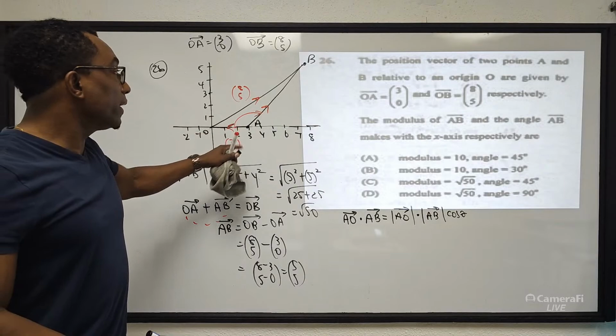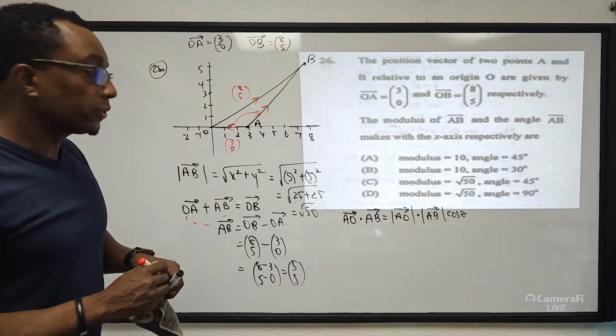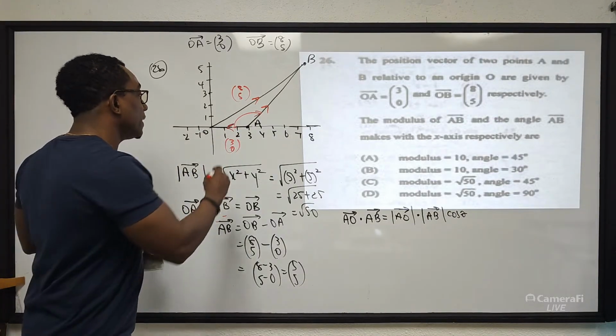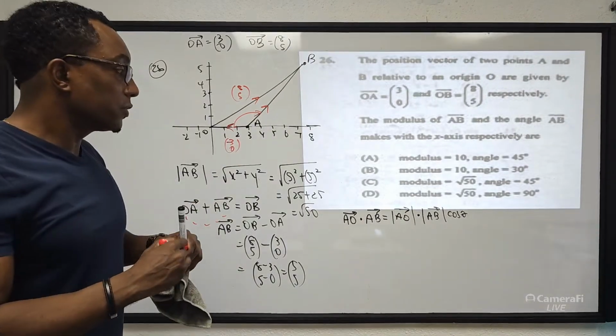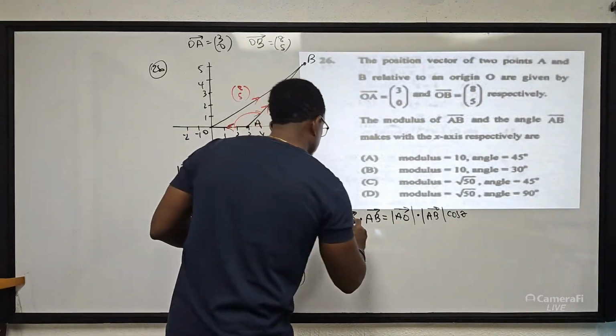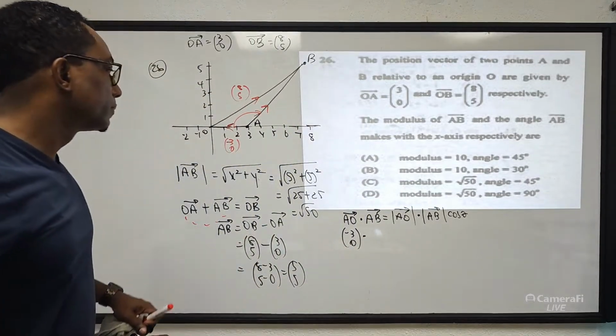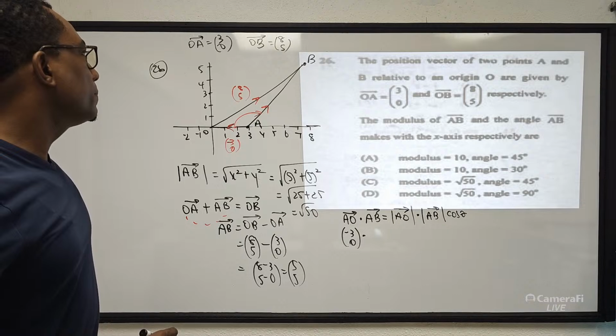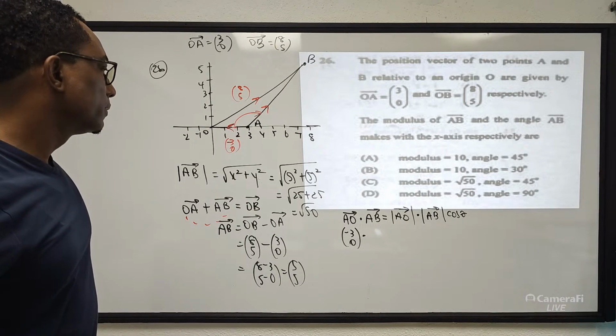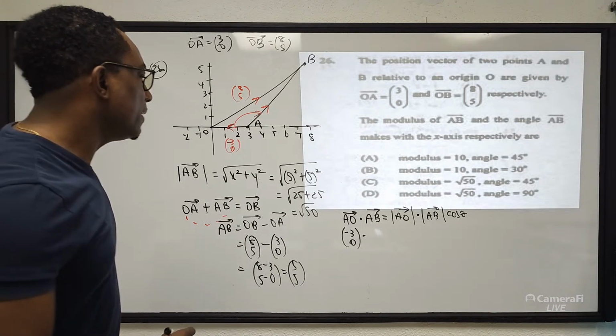AO, remember OA was 3, 0, so AO will be what? Negative 3, 0. So this will be negative 3, 0, dot AB is, that's 5, 5.